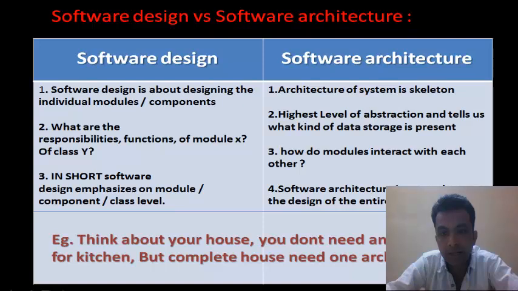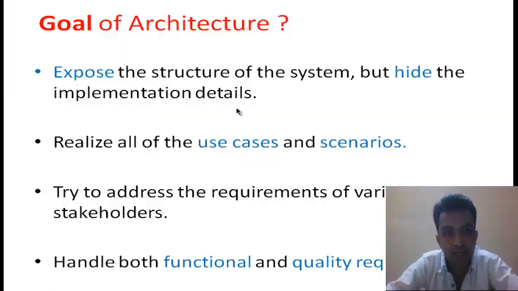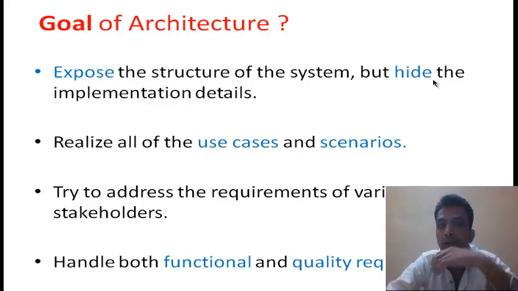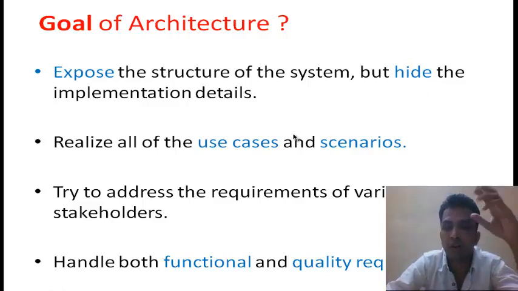You don't need an architect for the kitchen, bedroom, hall, but the complete house needs an architecture. What is the architecture doing exactly? It gives all the structures, meaning I can build your home like this, or like this also, but it will not show you how he is going to build. So this is just one general example I have given you.